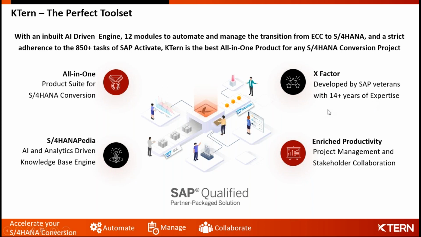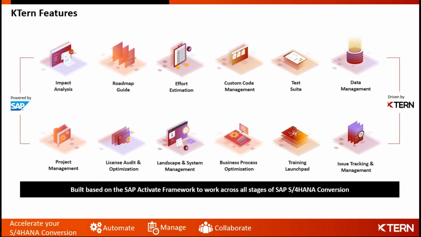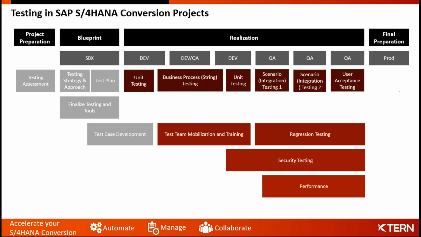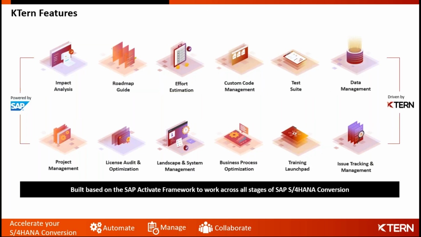So let's move on to the next one, where we'll be covering the modules of KTern. Like I said, KTern is an all-in-one suite which comes up with 12 main modules: the impact analysis, the roadmap guide, the effort estimation, the custom code management, the test suite, the data management, the project management, license audit and optimization, landscape and system management, business process optimization, training launchpad, and finally issue tracking and management.